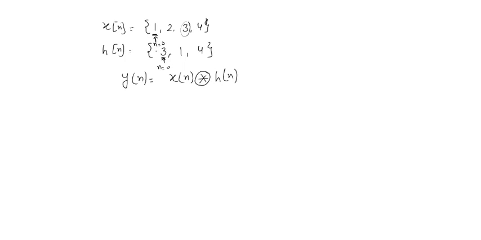Now I'll tell you the short trick by which you can easily calculate the circular convolution. First of all, you have to make both signal dimensions equal. The dimension of one is 1 cross 4, so I make the other 1 cross 4 as well, by simply adding a 0. Suppose we want the circular convolution of x[n] and h[n].